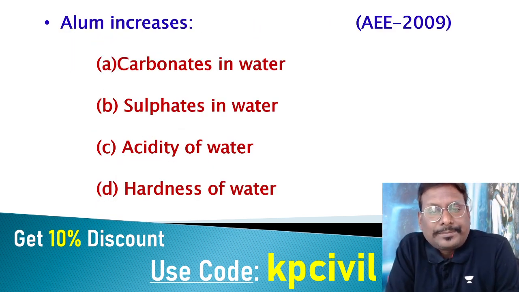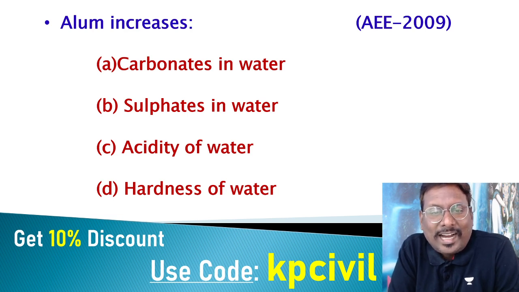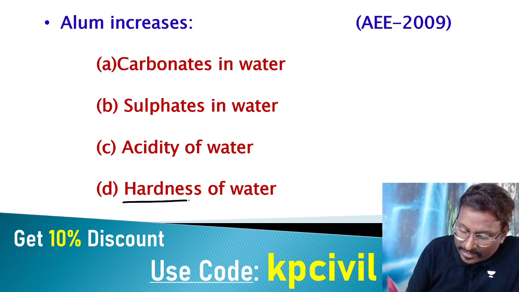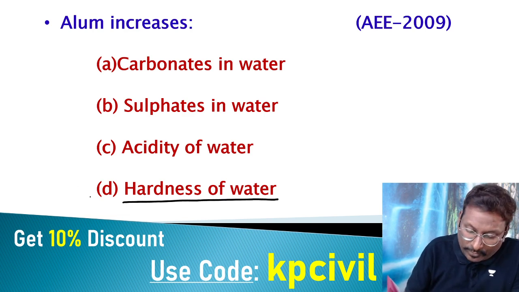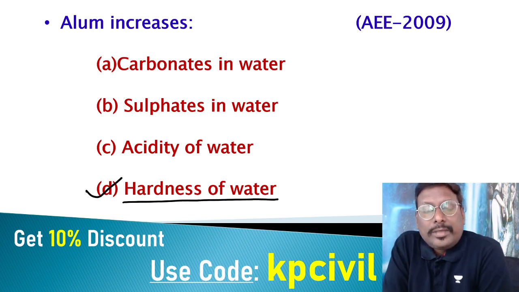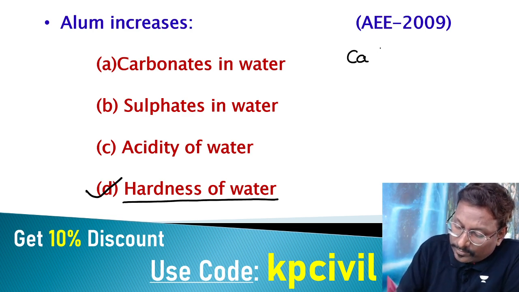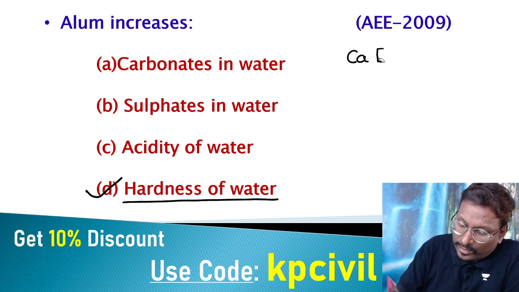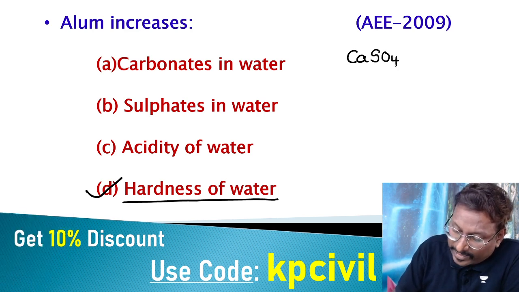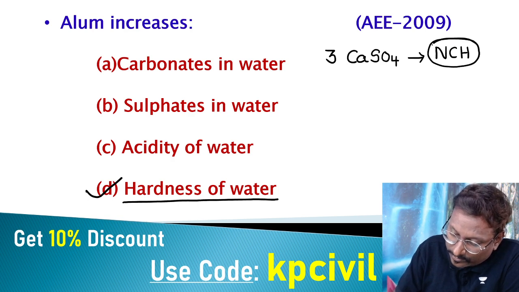Alum increases carbonates, sulfates, acidity, hardness. Alum increases hardness of water because after chemical coagulation, alum results in formation of 3CaSO4, which are representative of non-carbonate hardness or permanent hardness in water.